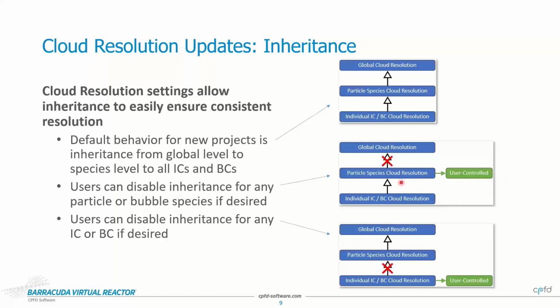Or, if desired, the inheritance from the species level to the IC-BC level can be broken, and individual ICs and BCs can have their own independent cloud resolution values specified. Our goal was to have a simple default cloud resolution approach while still allowing for detailed control in situations where that's needed.